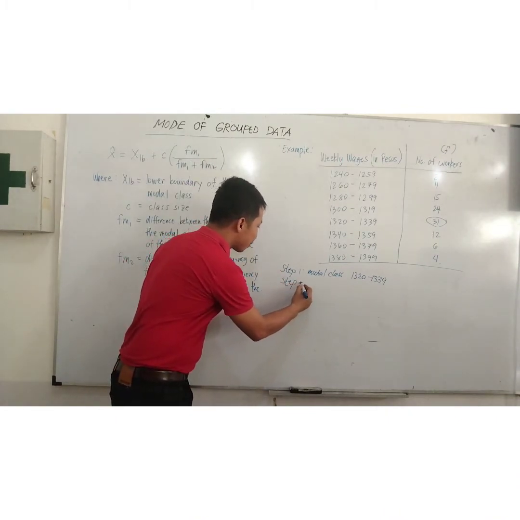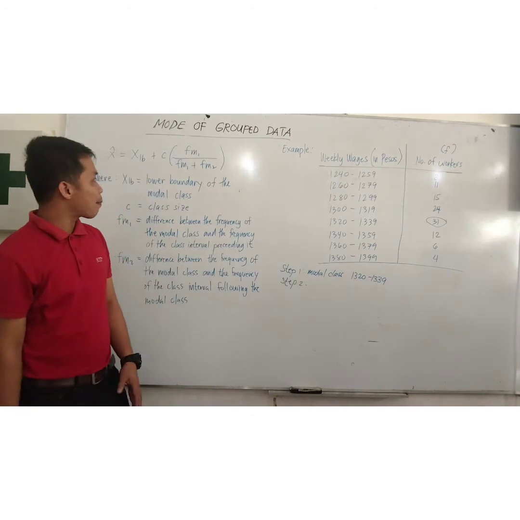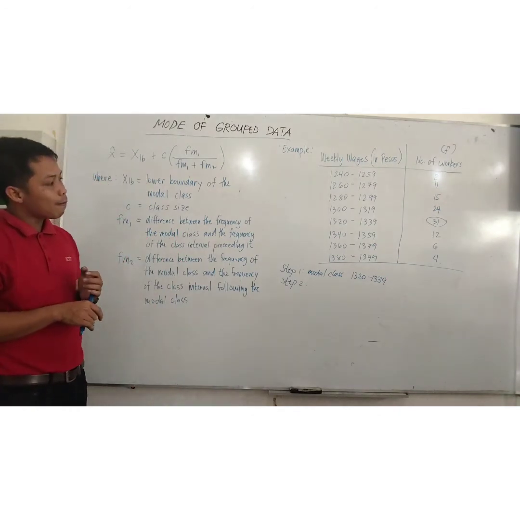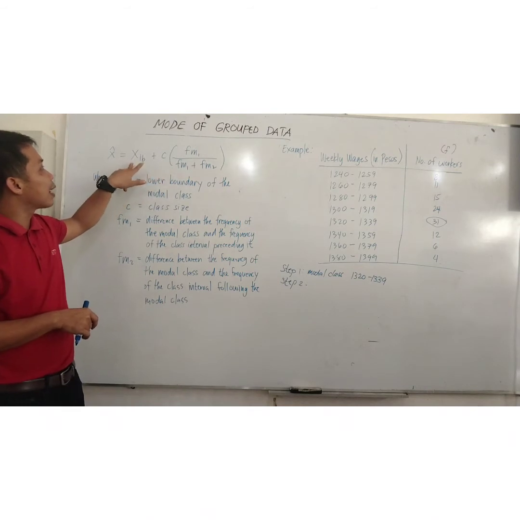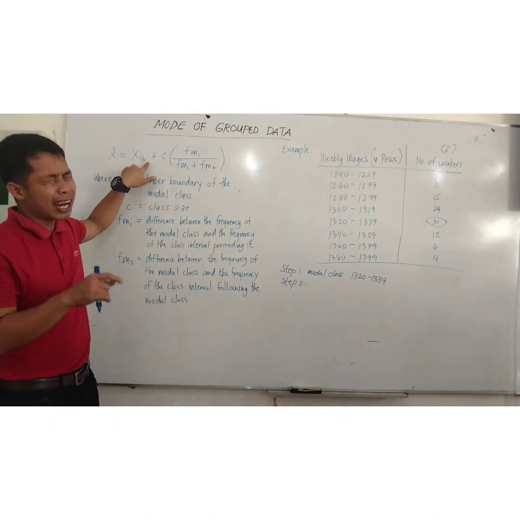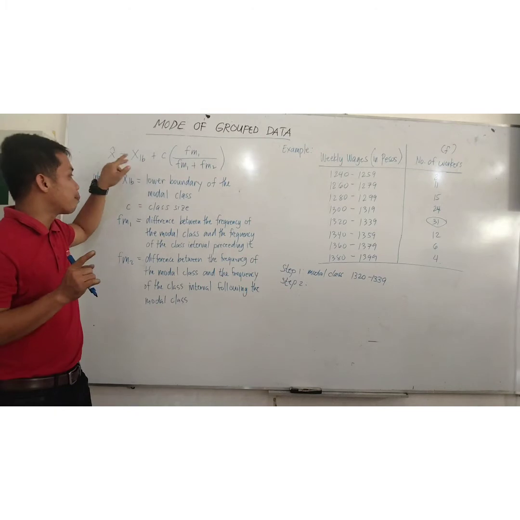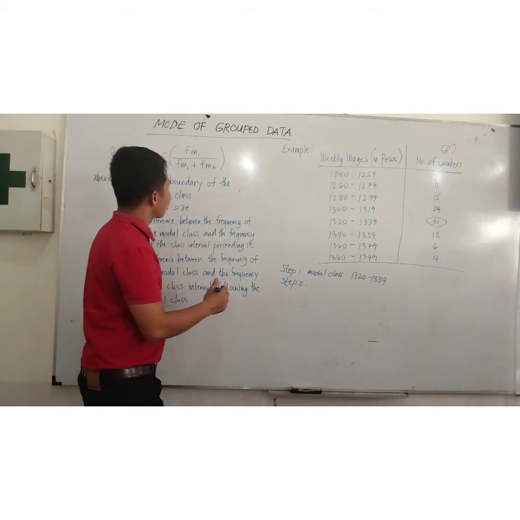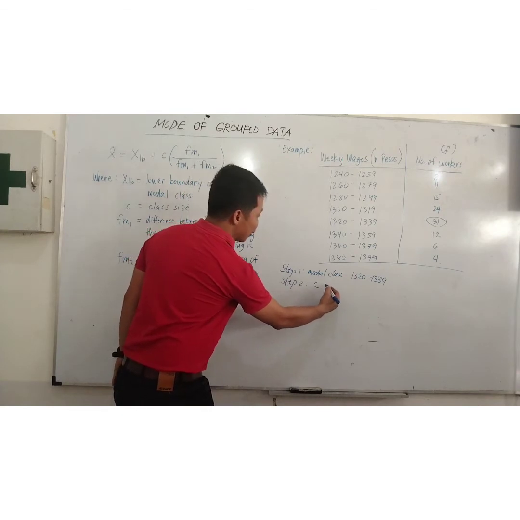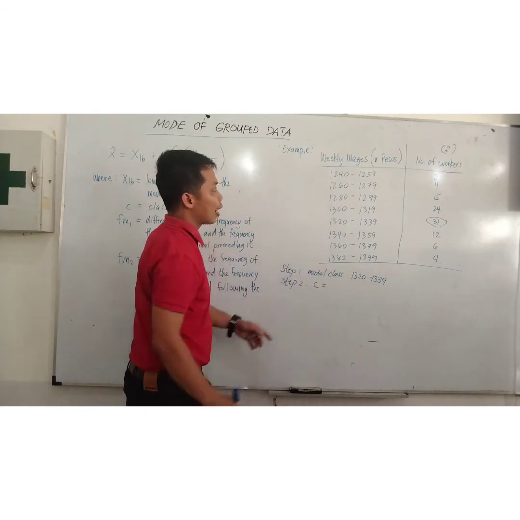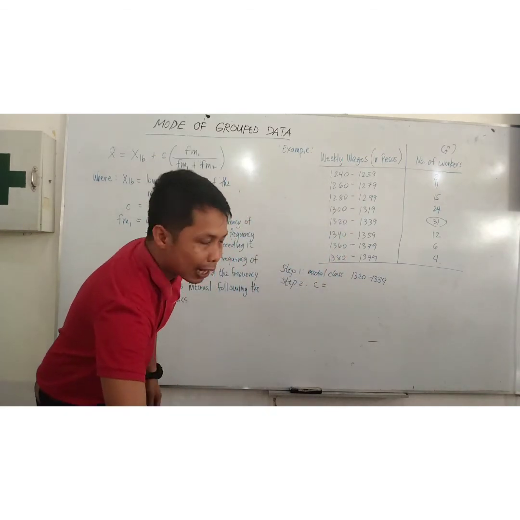Now for step number 2. Our step number 2 is to find the class size, as well as the lower boundary of the modal class. So our C, just compute for the class size.